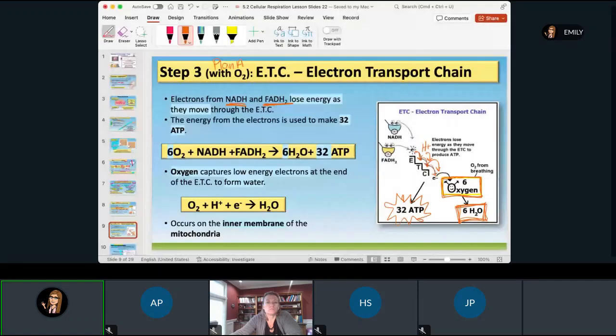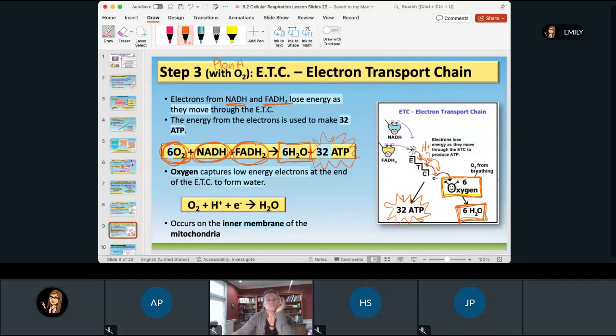So looking over here, these are my ingredients. My 6 oxygens, or 6 O2s, NADH, and FADH2 are all coming into this equation, okay? And we're producing water and 32 ATP, okay?